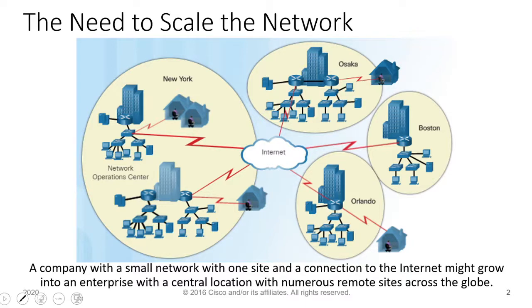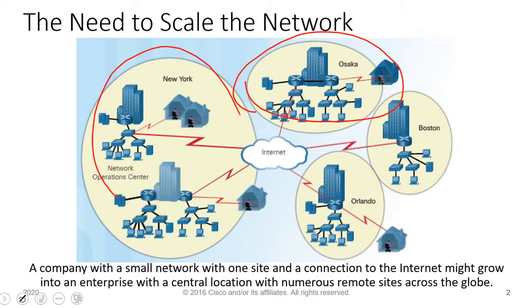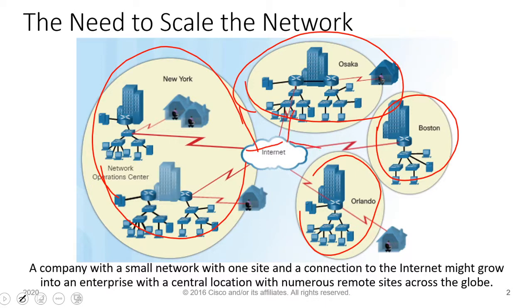For example, if they start in one city and now they are expanding into a number of cities, they may want to connect all of those, with interconnections between all of them. Then another phenomenon that is happening a lot these days is that people may want to connect to these networks from their homes or their other private networks, not from the organizational network. So we need to cater to such requirements in our network as well.